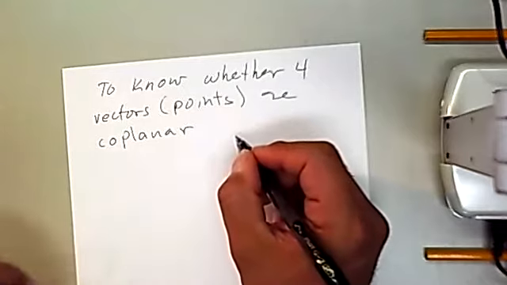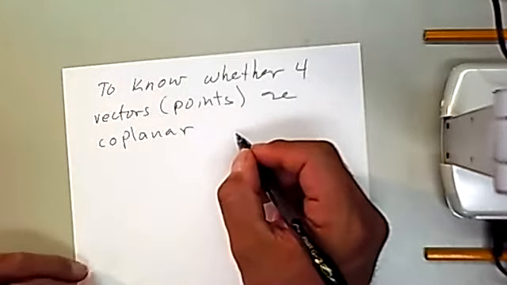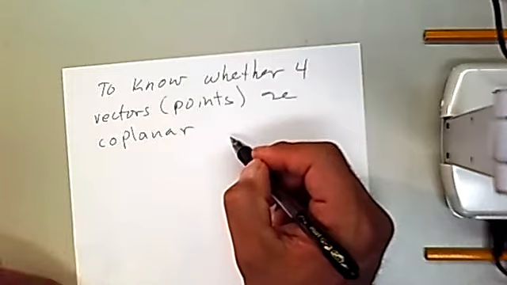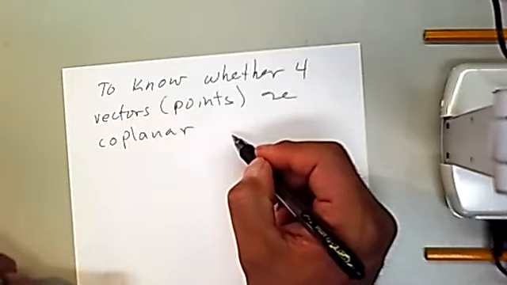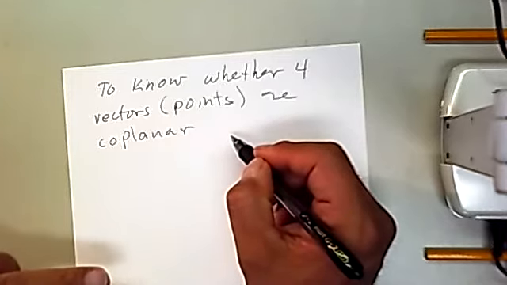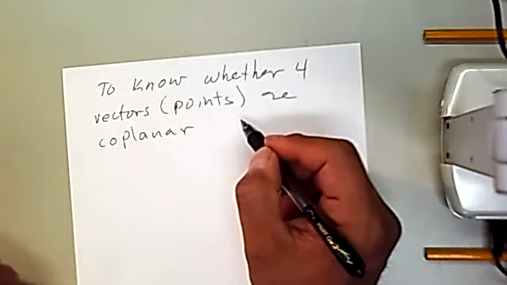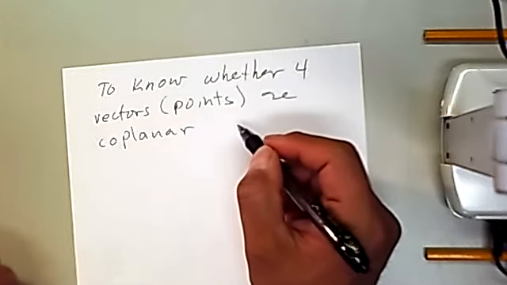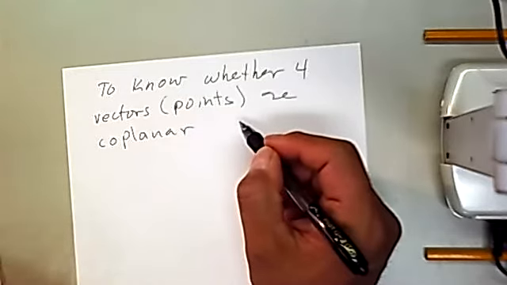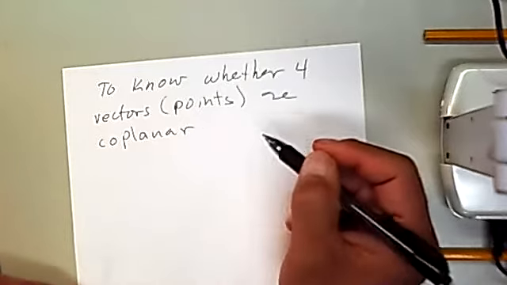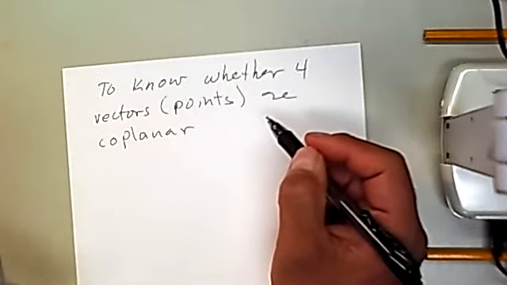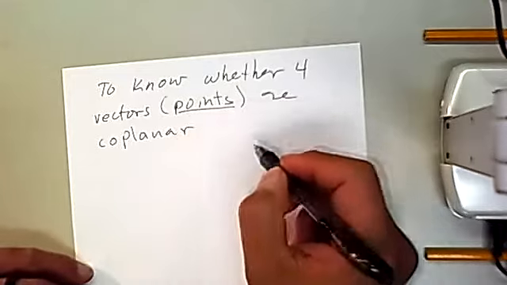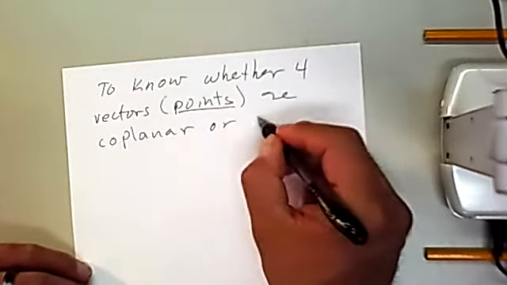See, three points are always coplanar in space, but four may or may not be coplanar. Just like two vectors are always collinear, three vectors are always coplanar. They're on the same plane. There's a plane that contains the three of them. That's what I'm trying to say. But four vectors may or may not be coplanar. So to know whether four vectors, and by vectors we mean points, are coplanar or not.